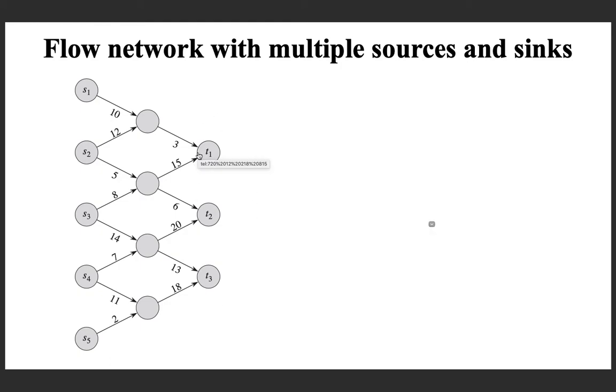To fit into our definition of flow network, we cannot allow this. We should have a unique source and a unique sink that we can obtain from this kind of a network.